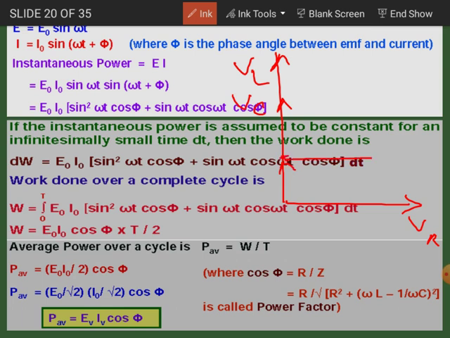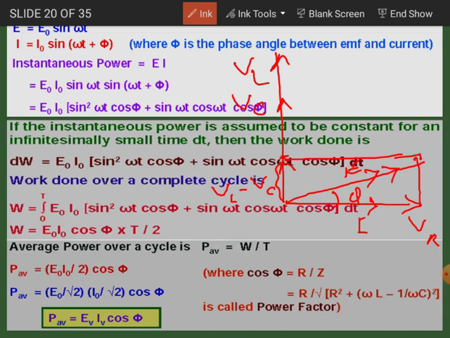And if you try to complete this parallelogram, rather in our case it is a rectangle, then the resultant of this comes here as E, like this. Got it? So this length is VL minus VC, right? And this angle we call phi, right? Your current I is somewhere here like this.